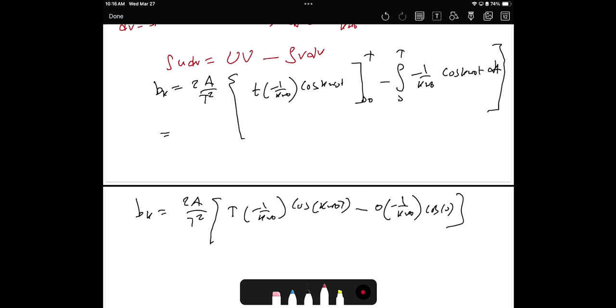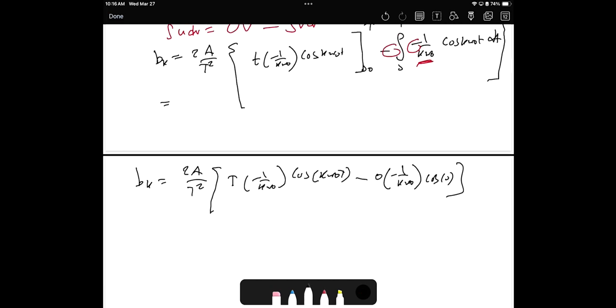Then for this one, there's a negative sign. The negative sign will make it positive. I'll put the constant outside of the integral. So it will be plus the integral from 0 to T, and before the constant, plus 1 over k omega naught, from 0 to T, cosine k omega naught t dt. Then close the bigger brackets.